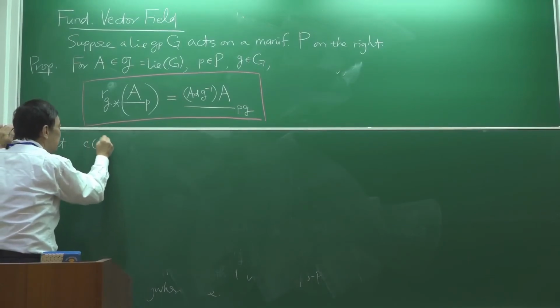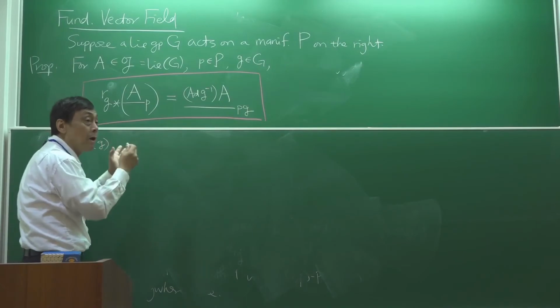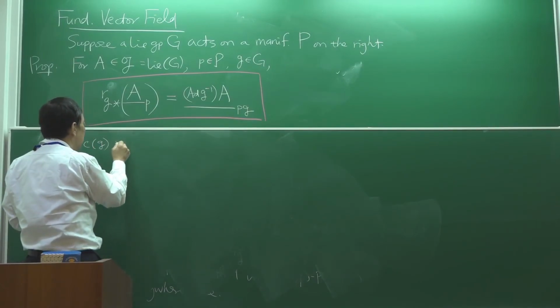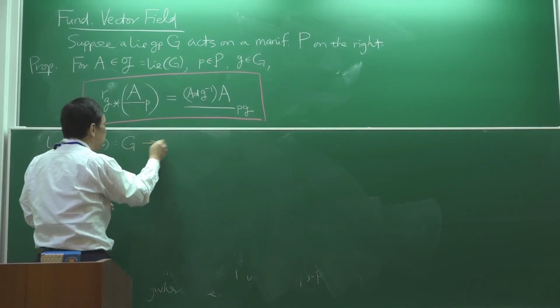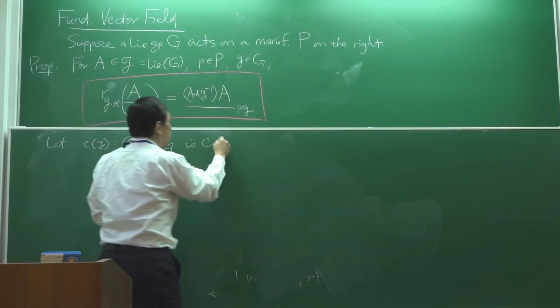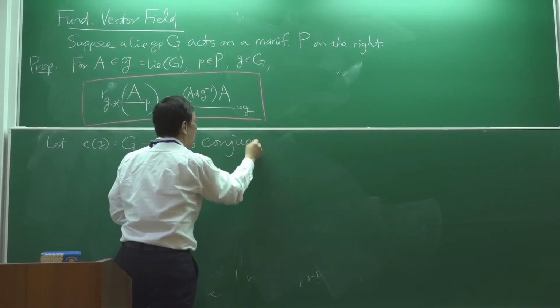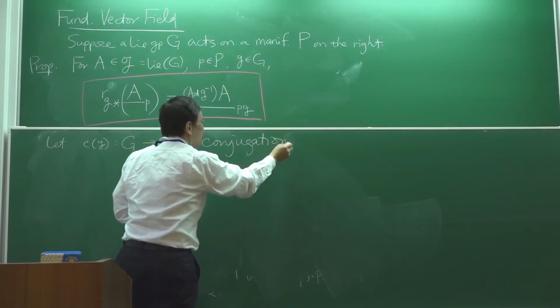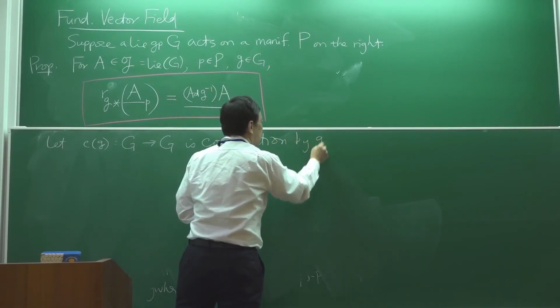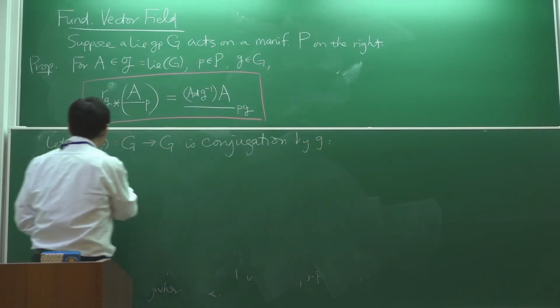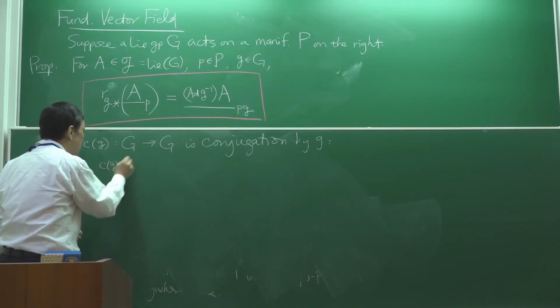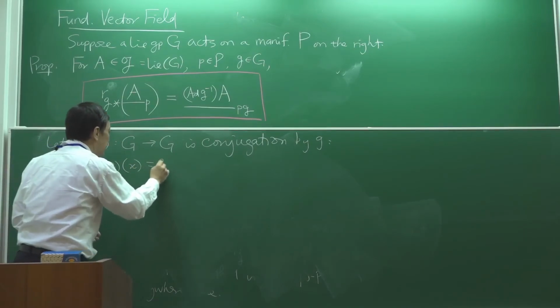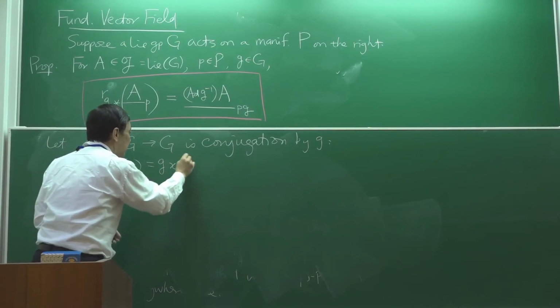Okay. So now, we denote by C_g conjugation by g. So C_g from G to G is conjugation by g, and that means C_g of x is g x g inverse.